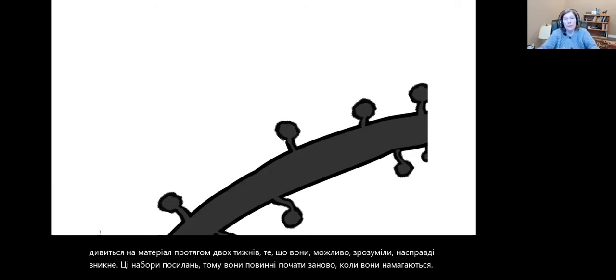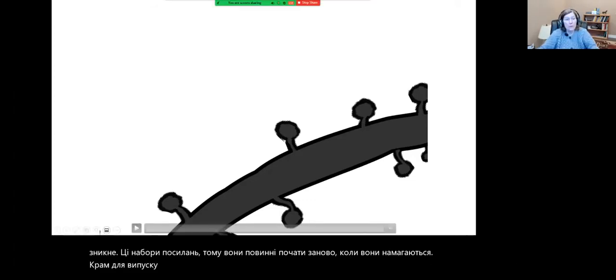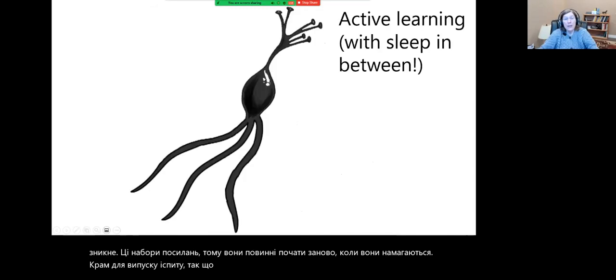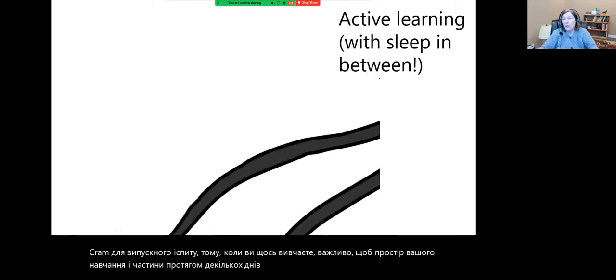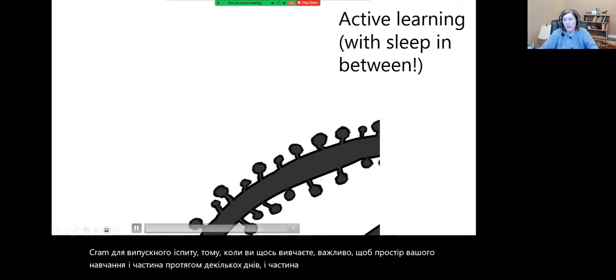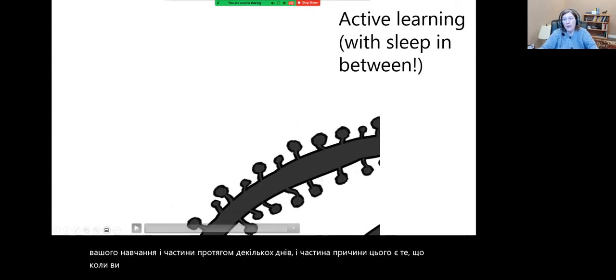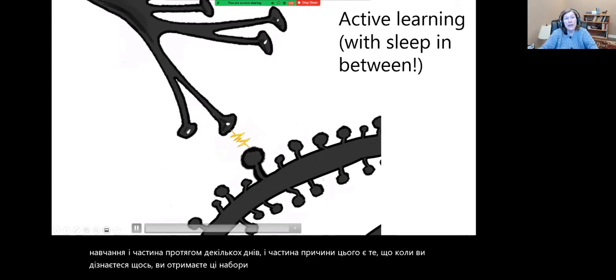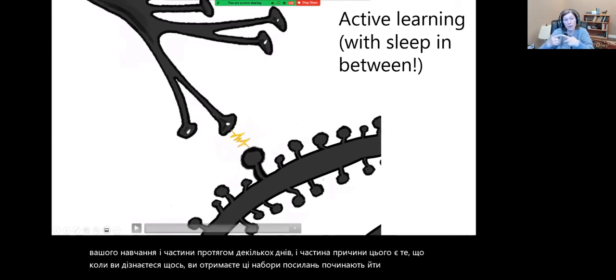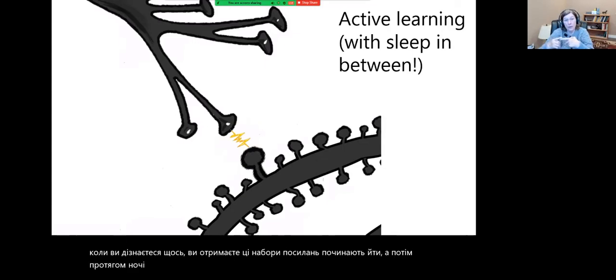So when you are learning something, it's important to space out your learning over a number of days. Part of the reason is that when you learn something, you get these sets of links starting to form, and then during the night, your brain practices with those sets of links. That helps strengthen those links.